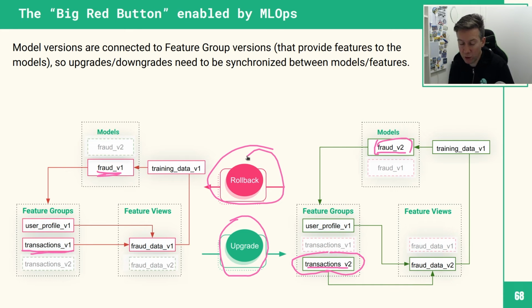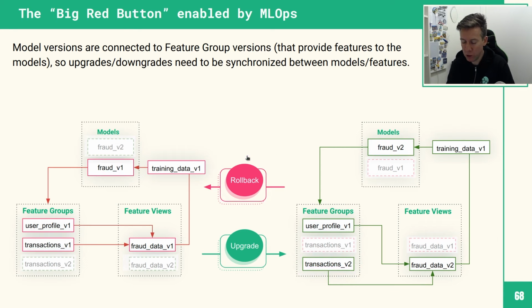And v1 is already connected to its feature groups to get its online features, so hopefully there's no problem for the clients. They're transparently redirected to the working version of the model, and then you can go back and fix the problems in v2 before you press the green button to upgrade again.